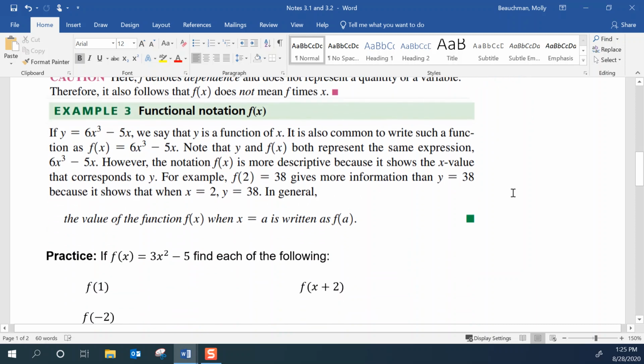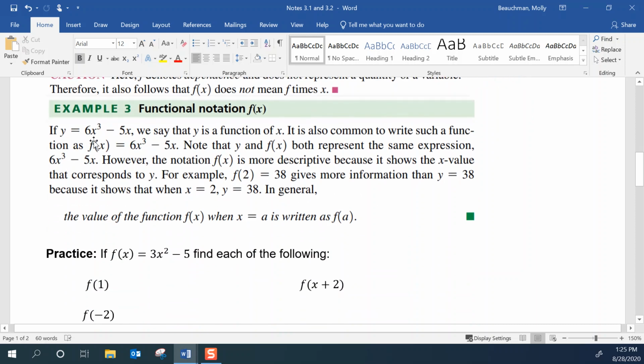So function notation: if y equals 6x cubed minus 5x, we say that y is a function of x. We can also write it with an f of x in the front. But it's more descriptive because it shows the x value that corresponds to y.